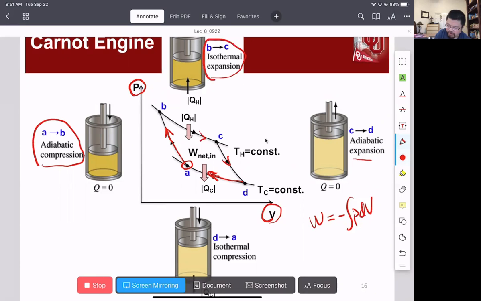I hope by now we are happy with those terms, isothermal and adiabatic, compression, expansion, simply connecting to the volume change of the system.